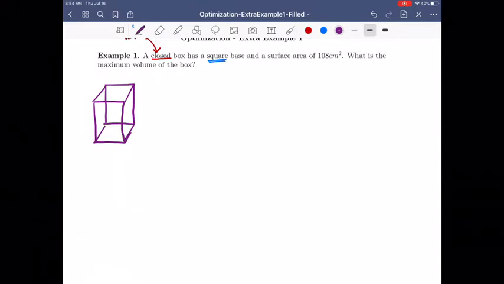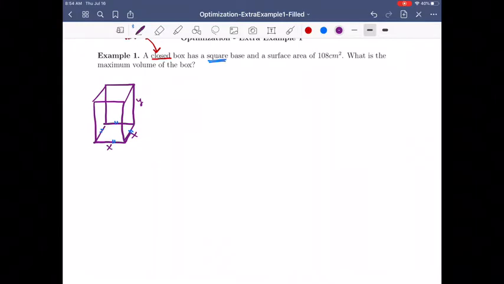But because it has a square base, the length and the width are both the same. So I'm going to call this x. So this side is actually equal to that side, and that side and that side. So we call that x, maybe. You can pick whatever you want. If you want to call it L for length, whatever. But we don't know the height, so the height might be different. So let's call that y.